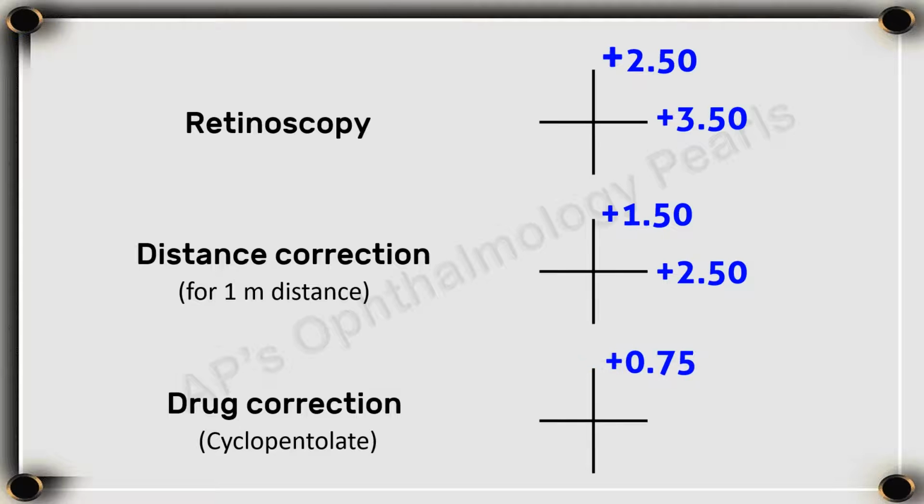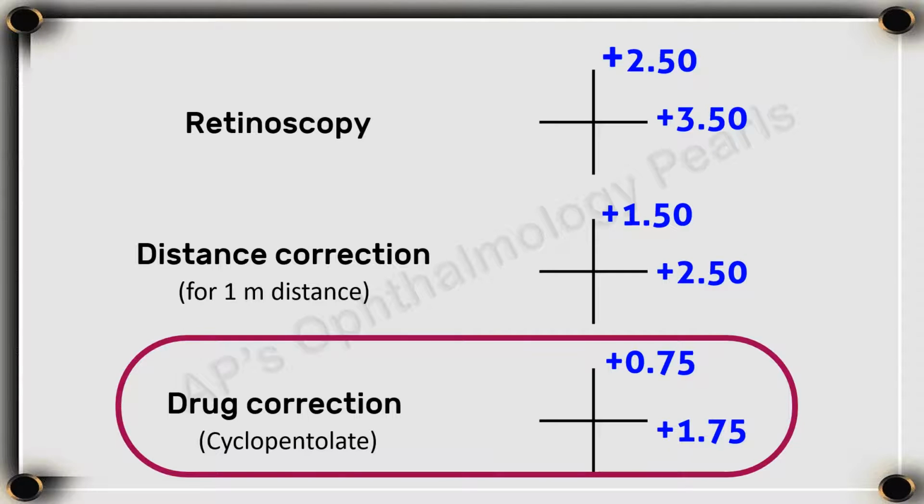And in the horizontal meridian, we get plus 2.5 minus plus 0.75, which is equal to plus 1.75. So this is the actual refractive error that needs to be converted to a prescription.